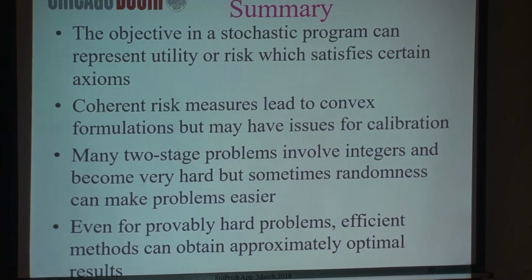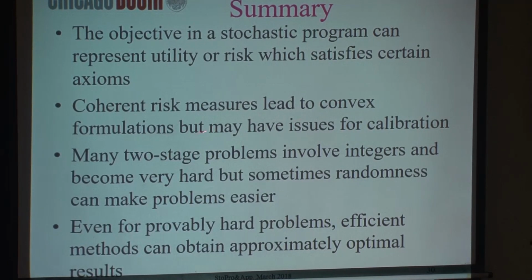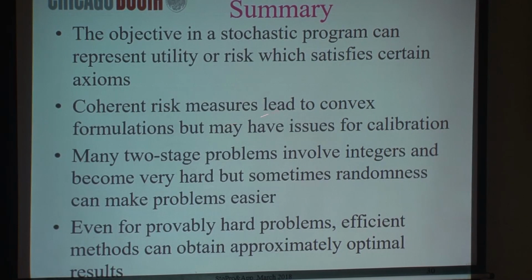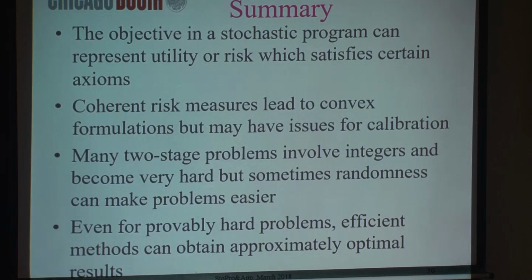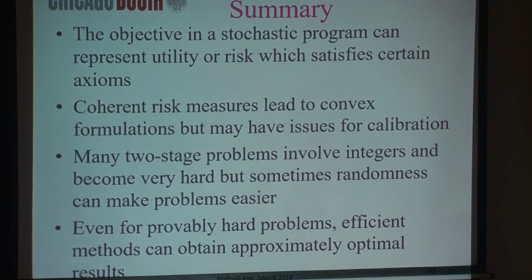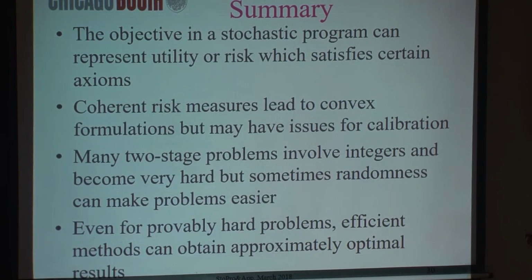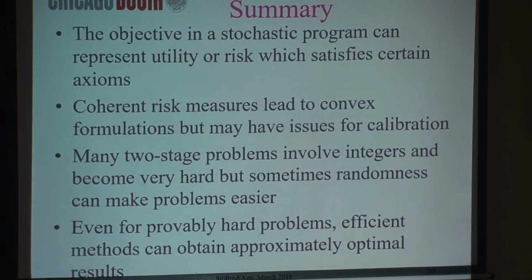In other words, they're the maximum of a set of linear functions. That means that they have a convex formulation, and that convex formulation allows you to put it into a single optimization model and have it be convex. So coherent risk measures naturally lead to convex formulations.